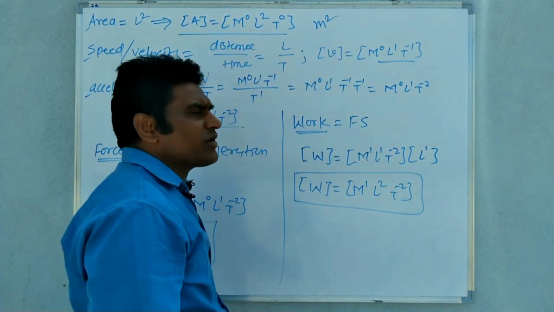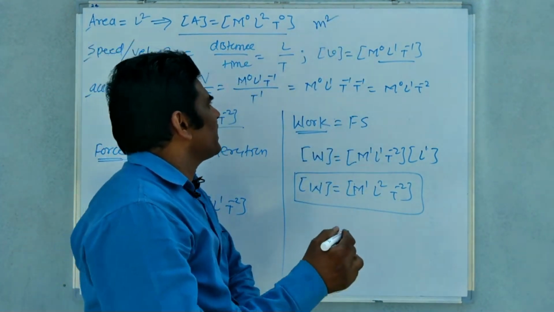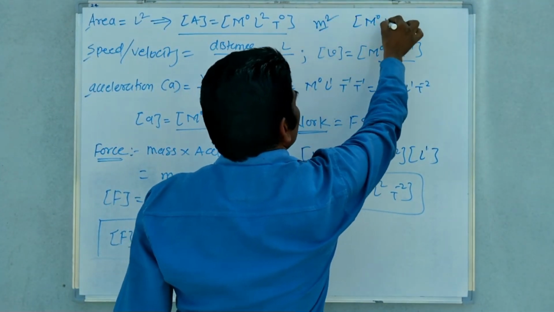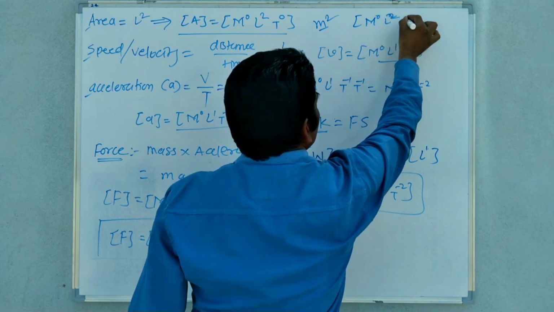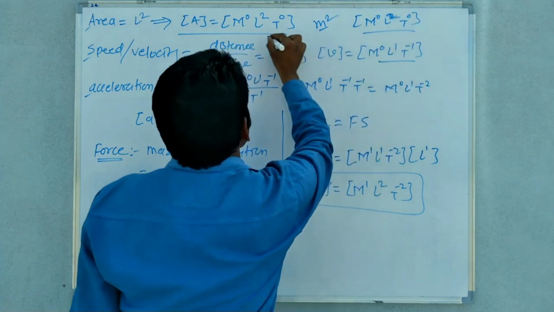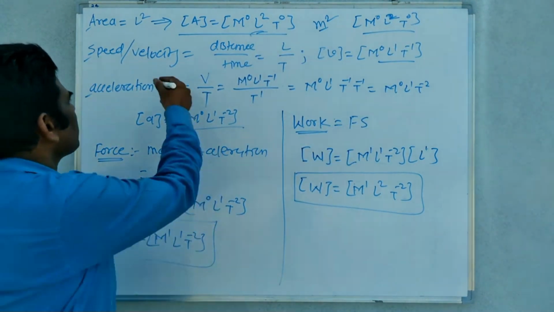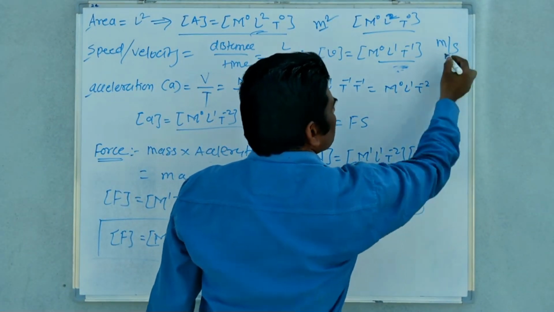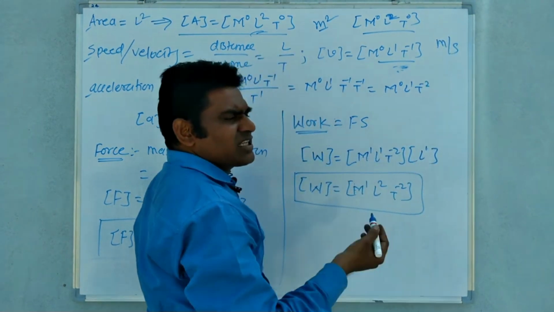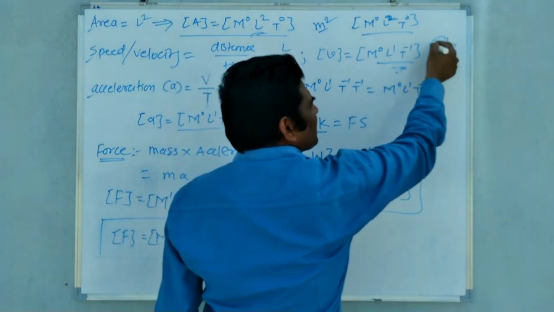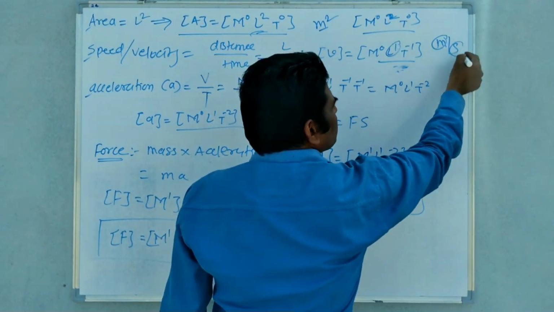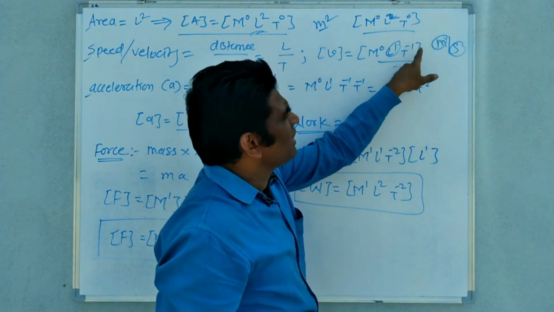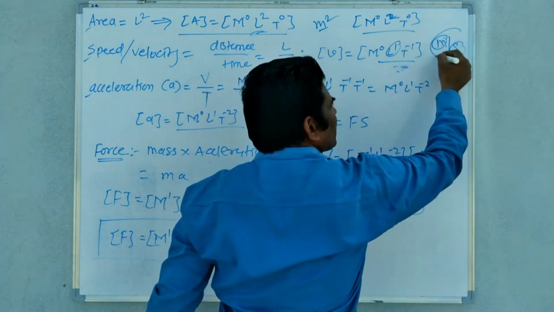There is no mass, so m0, meter means length, so L2 t0. What is the unit of speed or velocity? Meter per second. There is no mass, so m0, meter means length, L1, and second to the power 1 in the denominator, so that becomes minus 1.